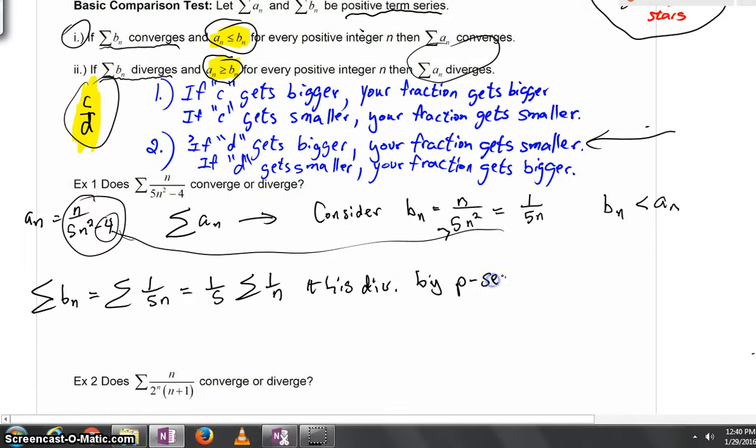Or you could even say that it diverges because it's a harmonic series. Now at this point, guys, I hope you're saying, okay, so b sub n diverges. B sub n is going to be launching off towards infinity, and yet a sub n is larger.